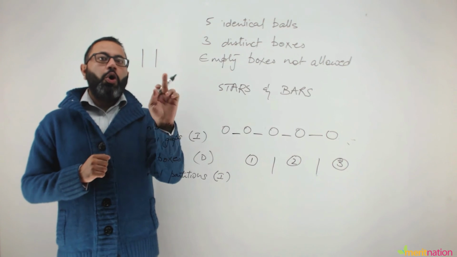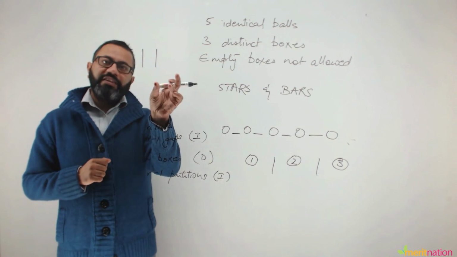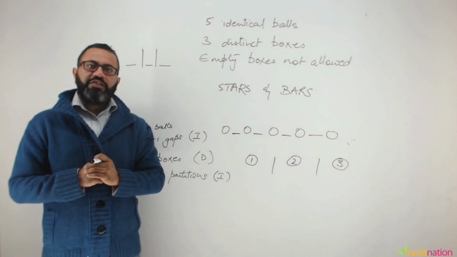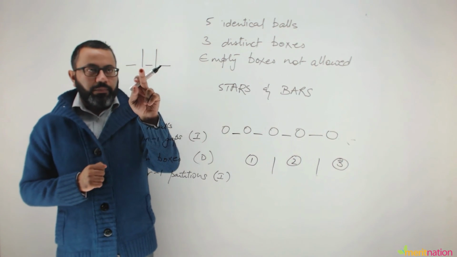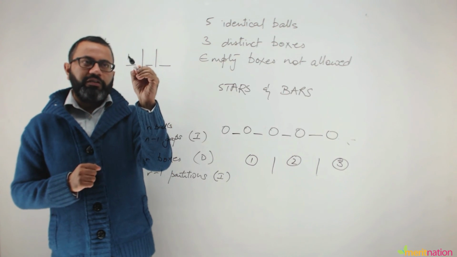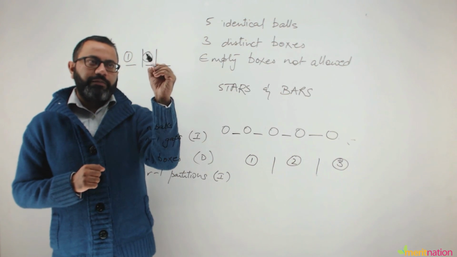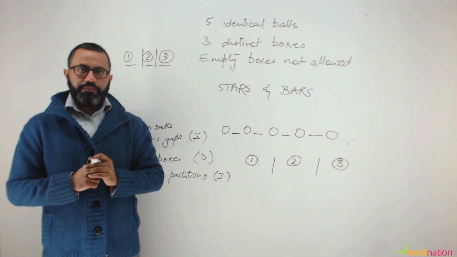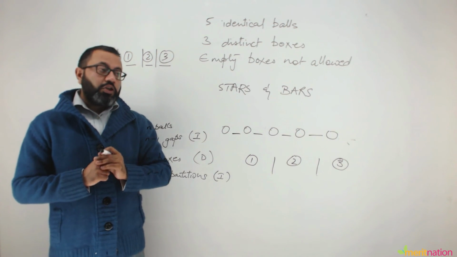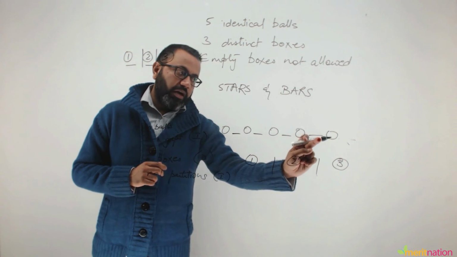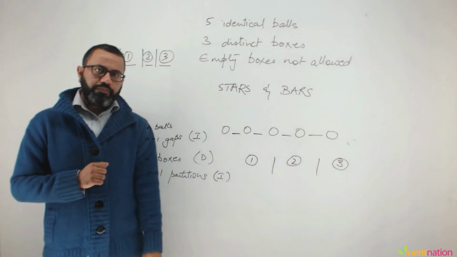It doesn't matter in which order they appear, but once they appear, they cause uniquely identifiable boxes to emerge. The space before the first boundary, no matter which boundary it is, is box number 1. The space between them is box number 2, and the space beyond them is box number 3. So all it means now is that we need to place partitions within these gaps.